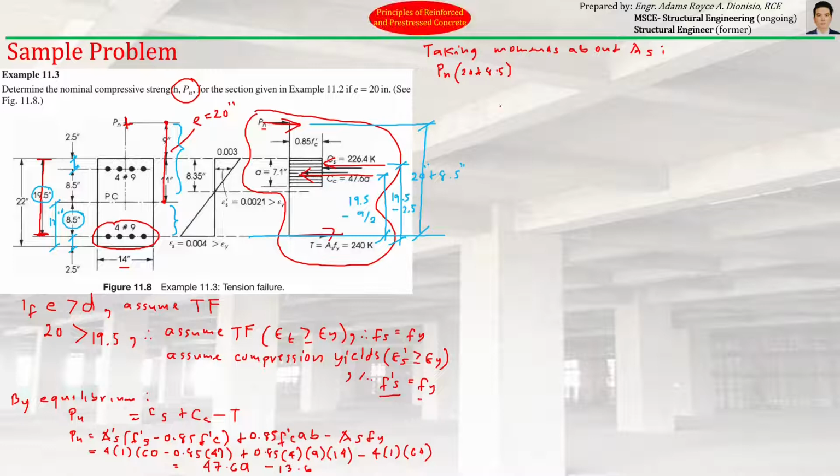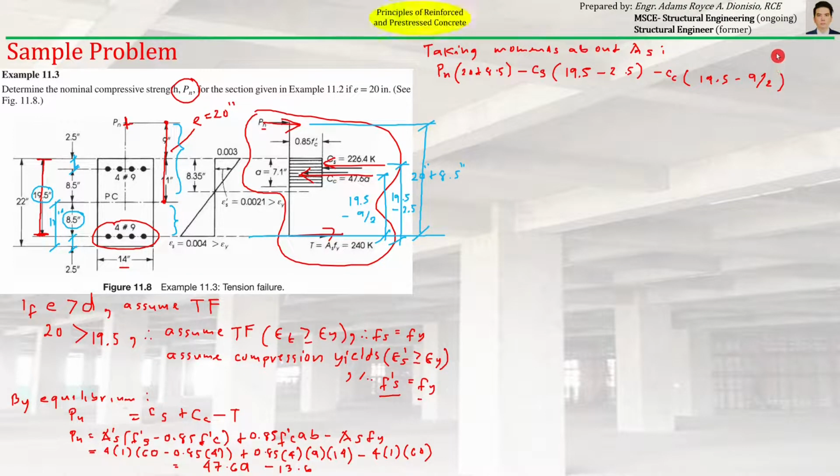Minus CS times the moment arm na effective depth 19.5 minus 2.5 yung D prime. Minus the counterclockwise moment ng CC with the moment arm equal to the effective depth 19.5 minus half no compression depth, compression block na depth, at is A over 2. So yung sum niyan must be equal to 0.